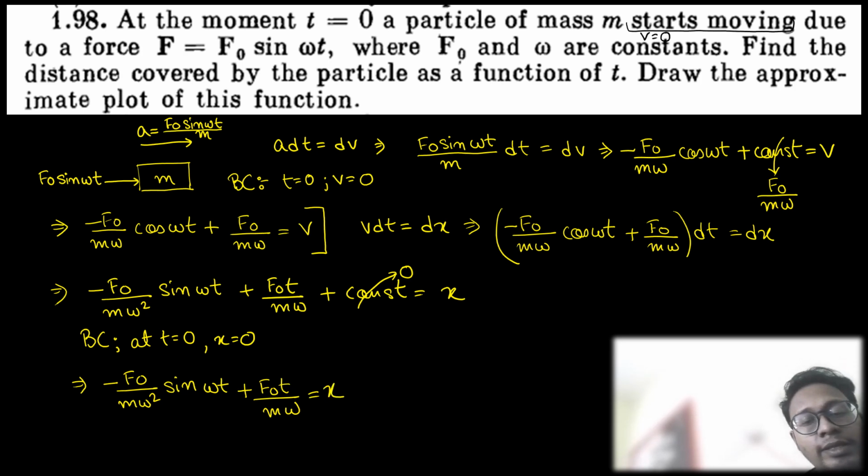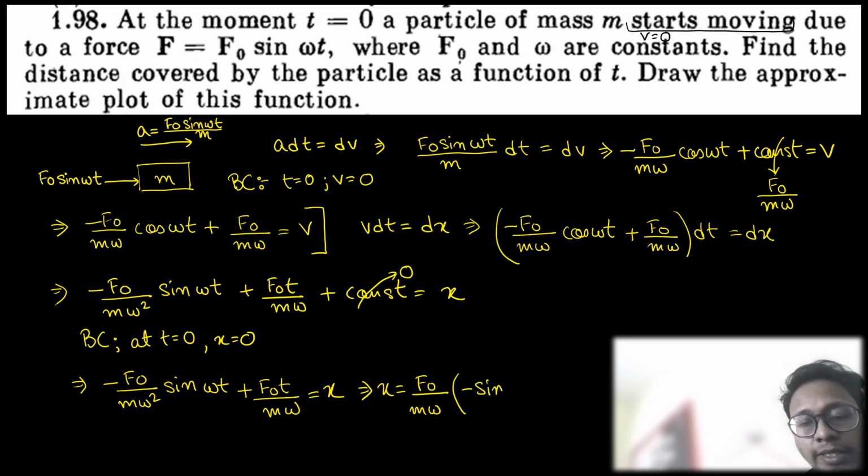Okay, can I rewrite this equation? This is the distance covered at time t. Or x equals, let me take f naught by m omega common. What do I get?